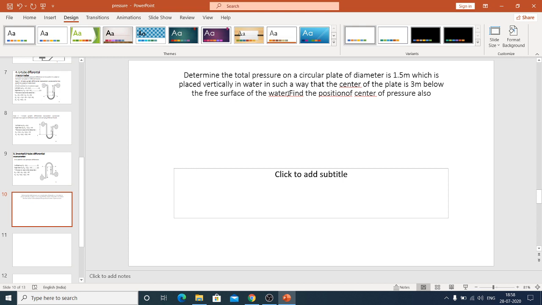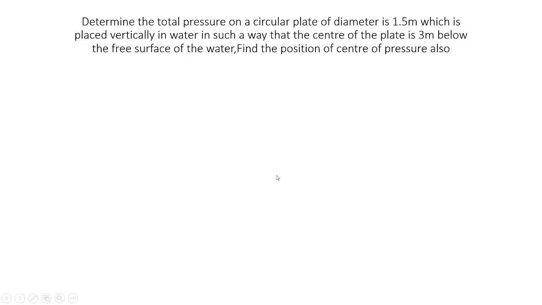Find the position of center of pressure also. So you should find the total pressure. How do you find the pressure? Here I will show you.